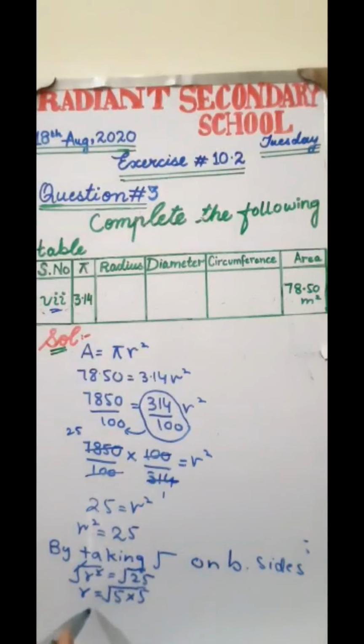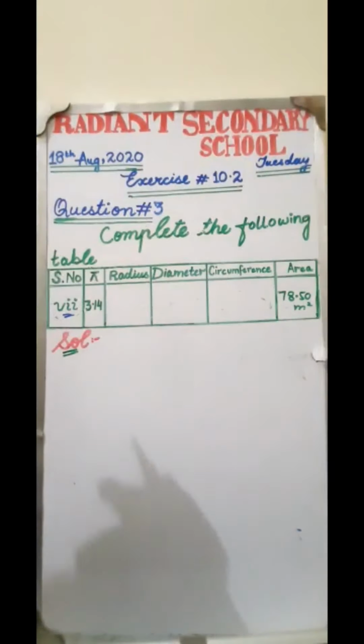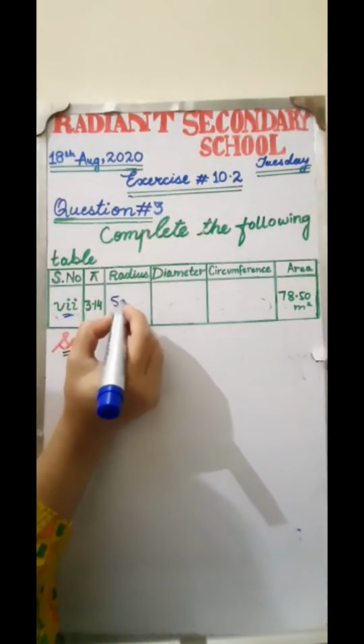Now r is equals to under root 5 square. This under root can be cut with this power 2. Only r is 5. Radius is 5, and you can write the unit of radius, meter. Radius we have found it, that is 5 meter.